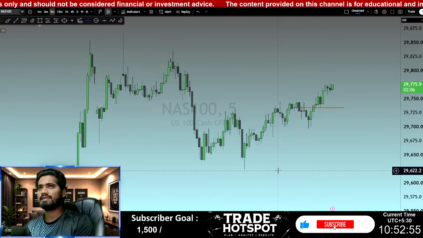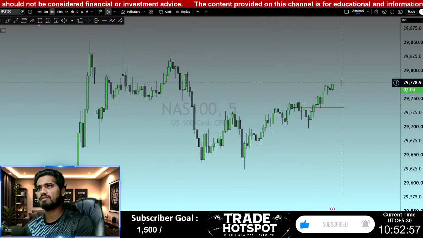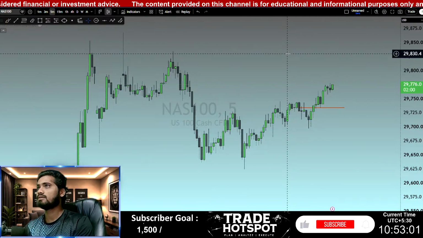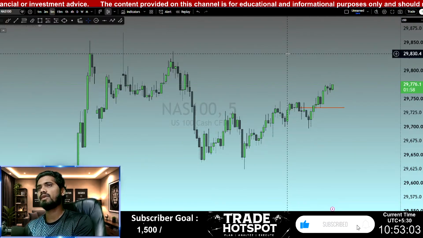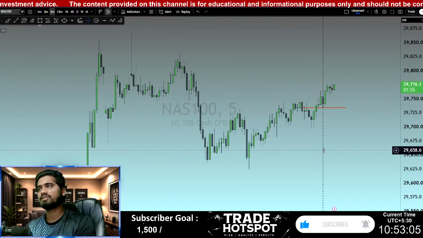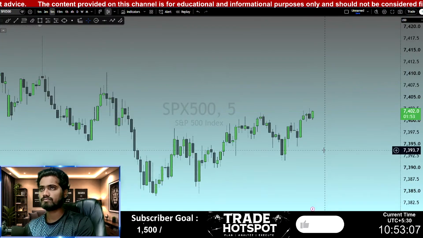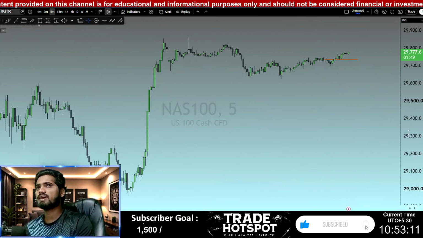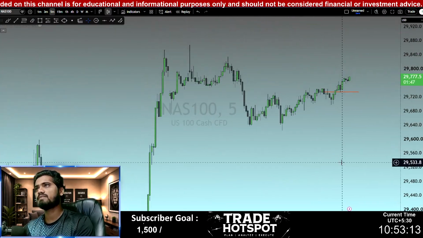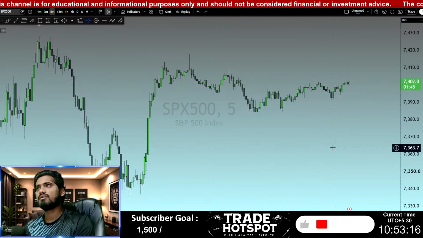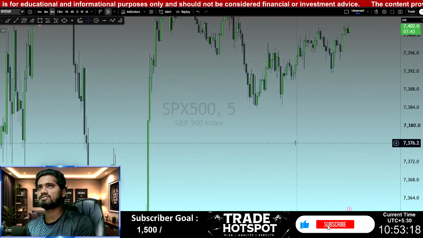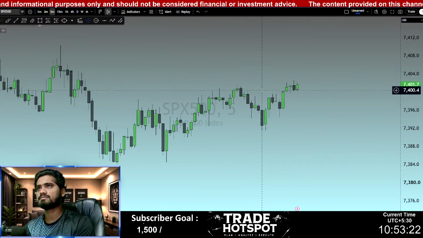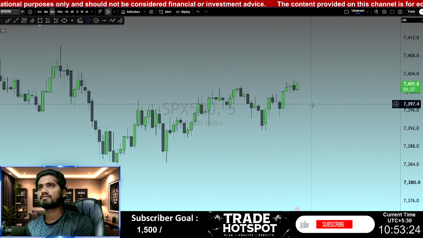So right now it's already moving up and it's near the high, right? So we are not interested in entering the NASDAQ right now. We have to wait for a retracement in the NASDAQ, and maybe the same thing in US 500 also, because they both are moving like brothers, right?